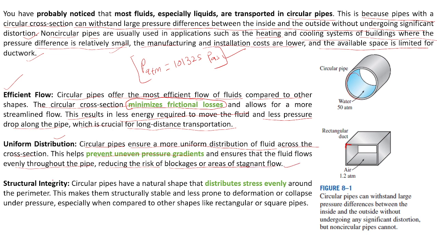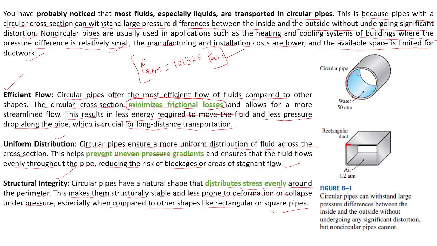And the structural integrity. The circular pipe has a natural shape that distributes stress evenly around the perimeter. This makes it structurally stable and less prone to deformation or collapse under pressure, especially when compared to shapes like rectangular or square pipes. So these are the advantages of the circular pipe.